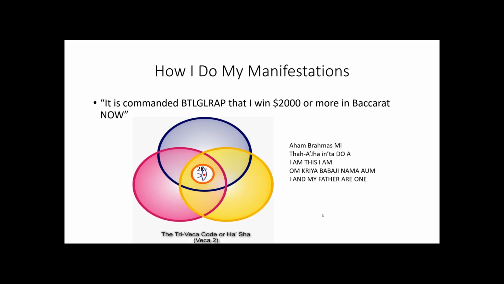Now, one thing we require to be aware of is if there are any blockages to this manifestation. The reason people don't get their manifestations is because there are blockages to it, either in them or in some situation or external event or even another person.